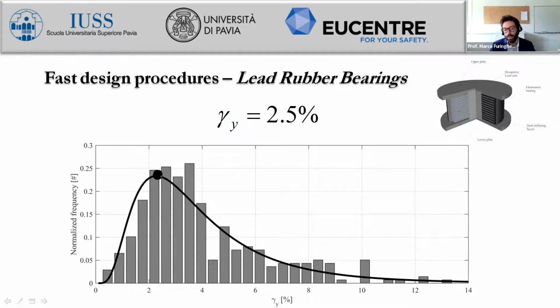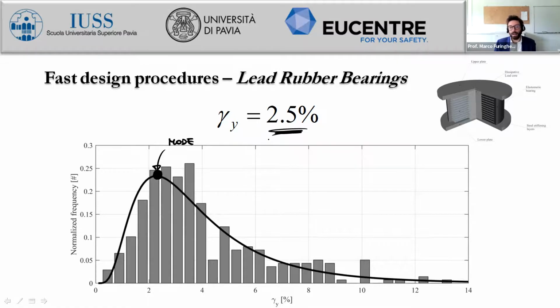So the peak of the probability density function. So this is the mode, and the mode is 2.5%. So this means that the yielding displacement can be computed, once you compute the height of the device, as 2.5% of the height of the device itself. Okay, and this is the most frequent point of the probability density function.